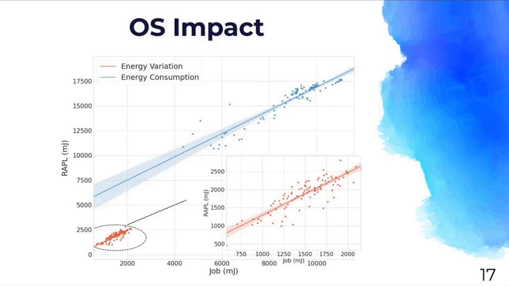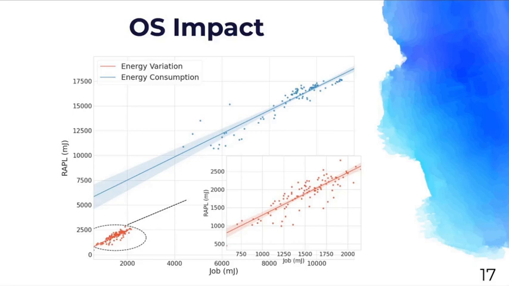Therefore, we used the SmartWatts backend to have fine-grained consumption results and isolate the operating system consumption from the job's consumption. This figure depicts the Pearson correlation between the global energy consumption and the job's energy consumption in blue, and the correlation between the global energy variation and the job's energy variation in red.